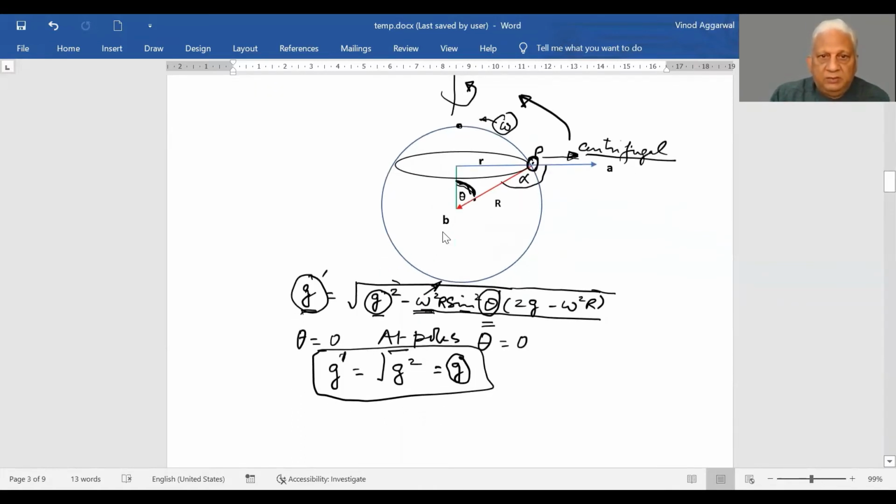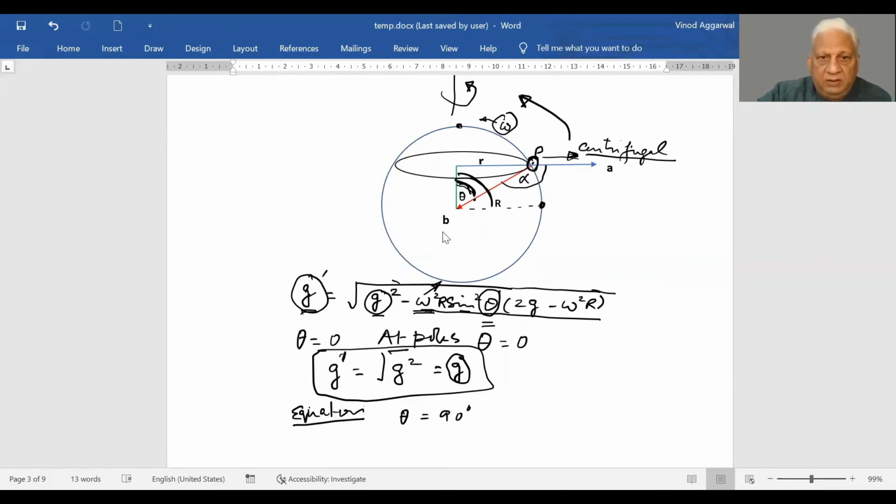Let's take another case. What happens at the equator? At the equator, theta will be 90 degrees, because in that case you will be somewhere here, and this theta will be 90.